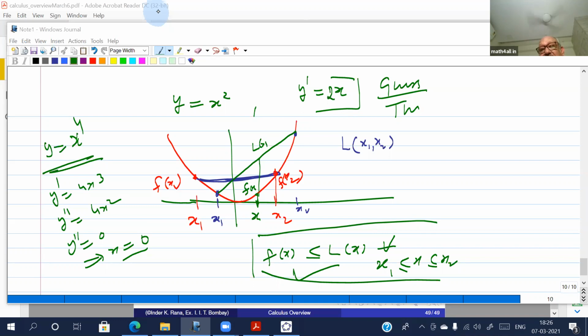So here is a very important thing: every function need not have a graph. That is the moral of the story. That is what was looked up by a mathematician called Dirichlet.